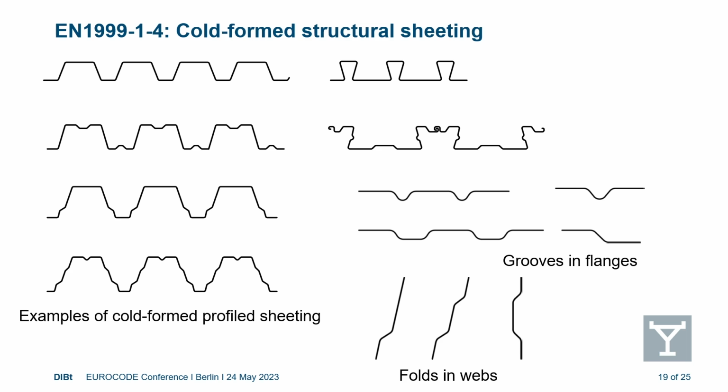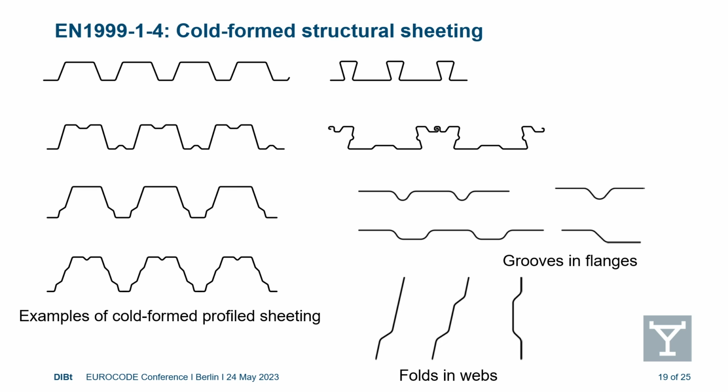Cold formed structural sheeting: we have to consider that this part, together with part 1.5 dealing with shells, has been more recently developed. That's the reason why we can assume that it is already in the, let's say, final stage.